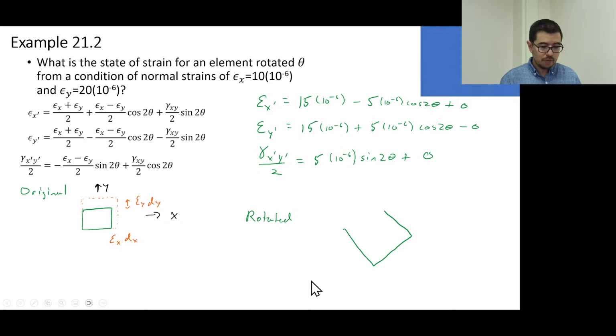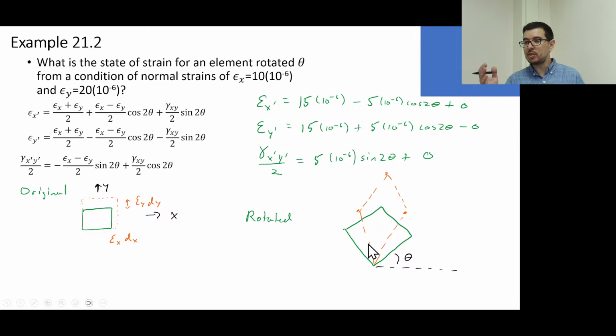So here's the original element, and now I've rotated it by this amount theta. We're looking at the resulting deformation, super exaggerated, of this element that's been undergoing some strain.